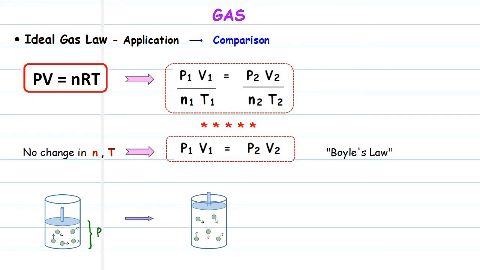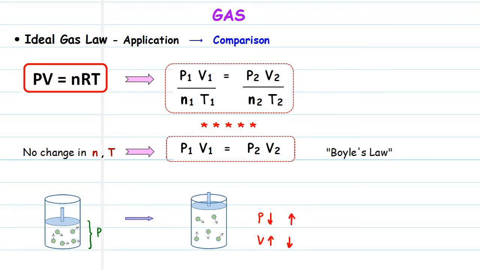If we increase the volume of the container, we create a longer distance for gas particles to travel and to collide with the wall. This means the number of collisions of gas particles with the wall will decrease, and the pressure of the gas will decrease too. So if we increase V, P will decrease, and if we decrease V, P will increase.